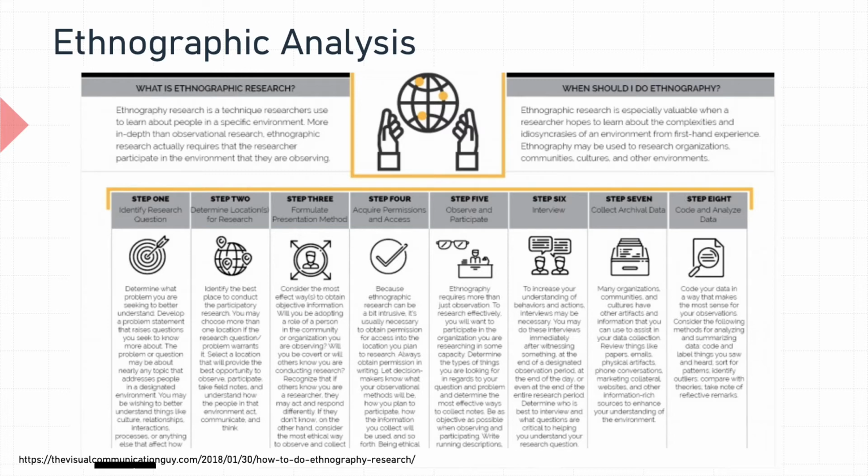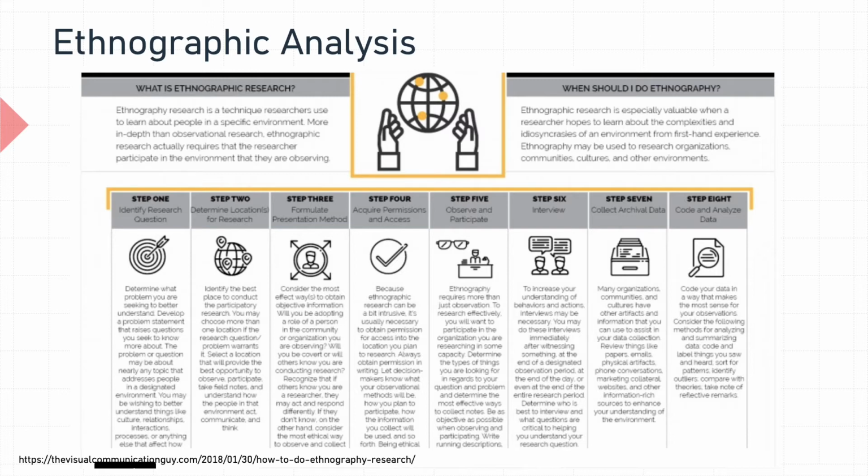This may be by interviews, this may be by taking field notes and observations. One of the things to keep in mind is that people can recognize that you're a researcher, and when people recognize this, it may impact the way they behave.